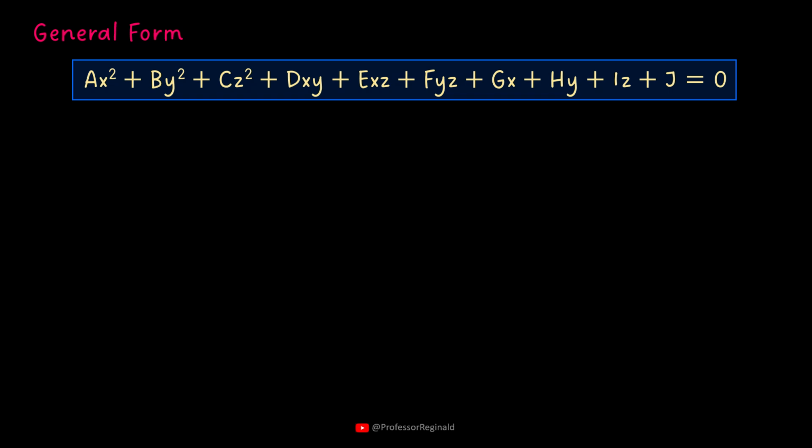There are quadratic terms in one variable, quadratic terms in two variables, linear terms, and a constant. The quadratic terms in two variables appear when the quadric surface has rotation about an axis. The linear terms appear when the quadric surface has translation of center or vertex from the origin.